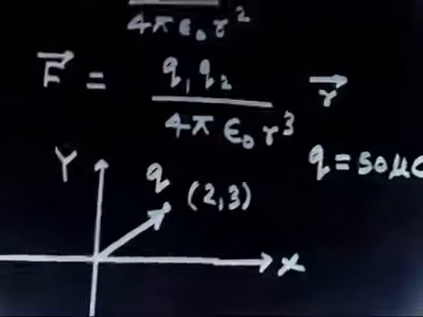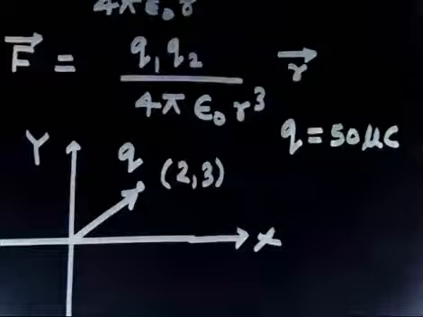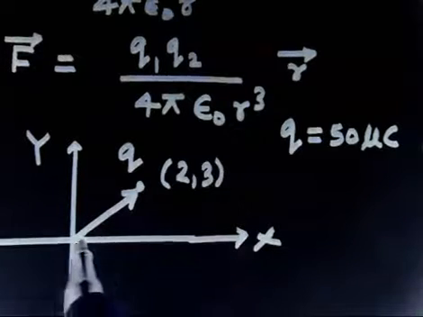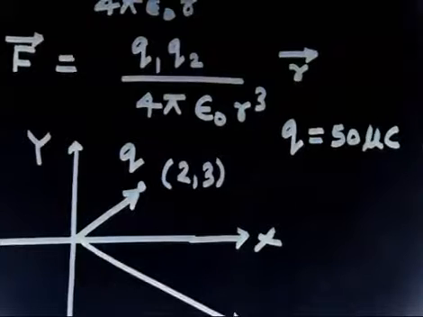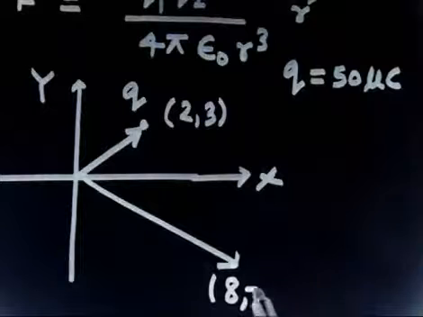Now the question says, find the electric field at a point whose radius vector is 8i minus 5j. So I have a point somewhere here, where x is positive and y is negative.